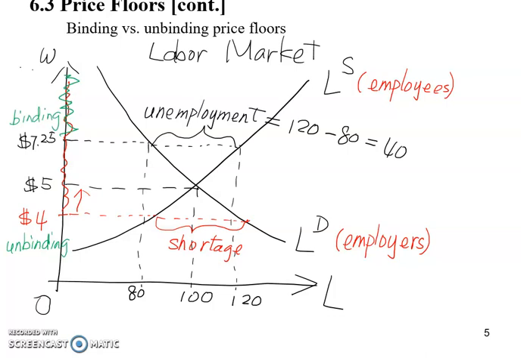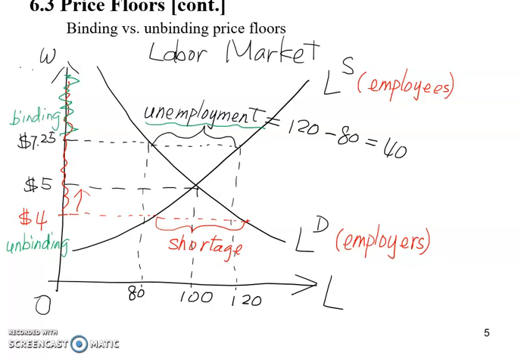Now let's continue our discussion about the influence of the minimum wage. We already see the first influence, that is unemployment. Simply because of the artificial increase in the wage per hour from $5 to $7.25, we created 40 units of unemployed labor.